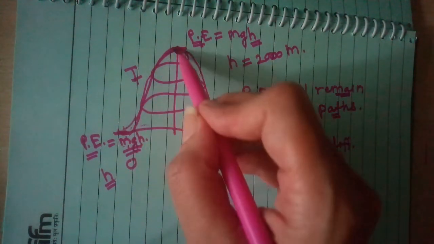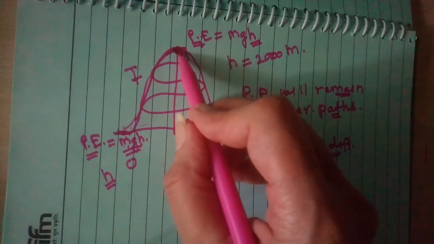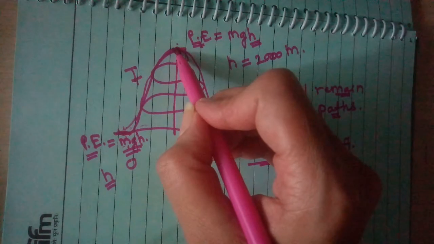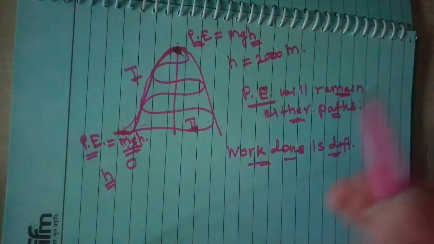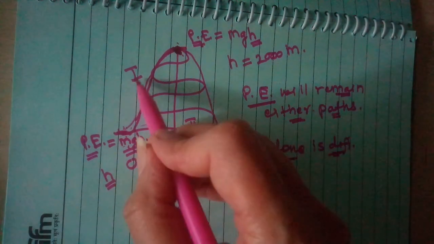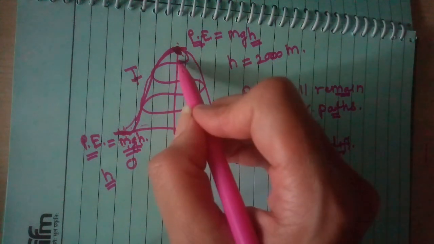You might get exhausted going this way, or some of you might feel that if you go this zigzag way, you might not be so tired, but if in one stage you want to reach up to this point, you might get exhausted. So it depends on the energy of the person also. Ultimately, work done is different if you follow path 1, and work done will be different if you follow path 2.